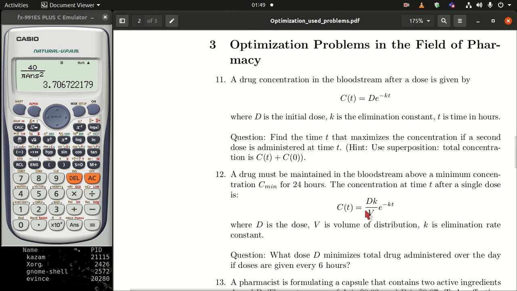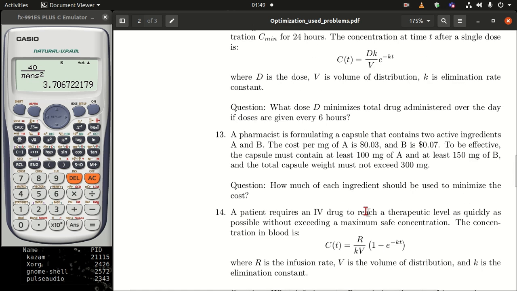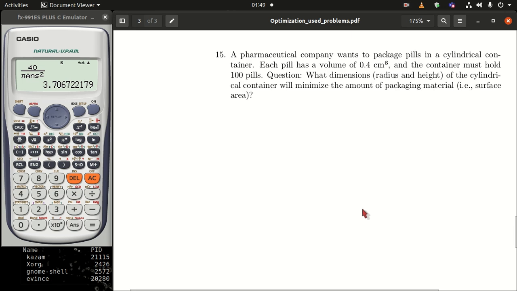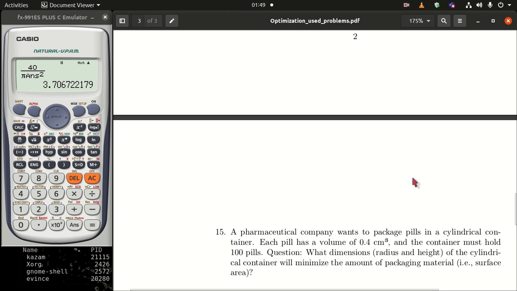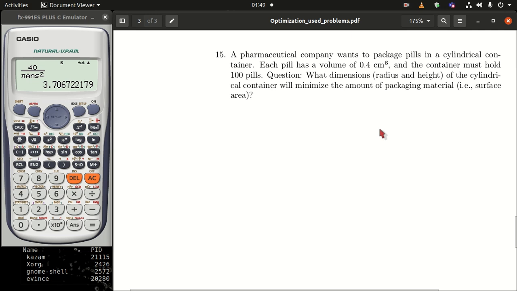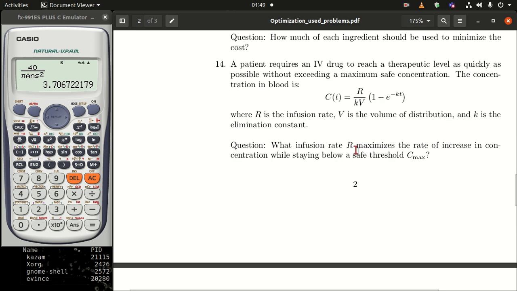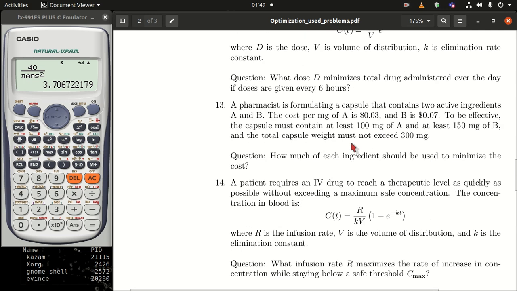You will also see some of these problems making sense, especially number 15, because when you are creating volumes, at least you know each pill is of this volume. Then if I'm looking for this number of pills, I need this much packaging material. So these are some of the realistic questions you can see.